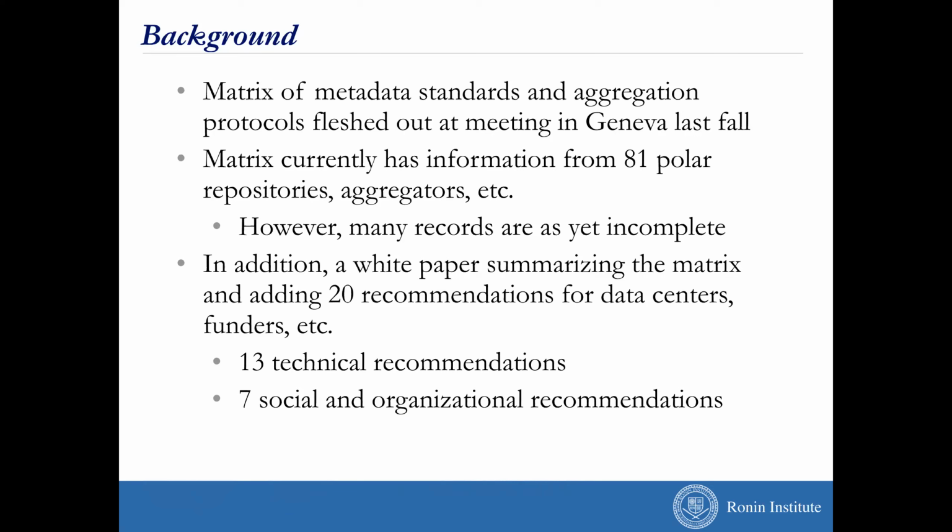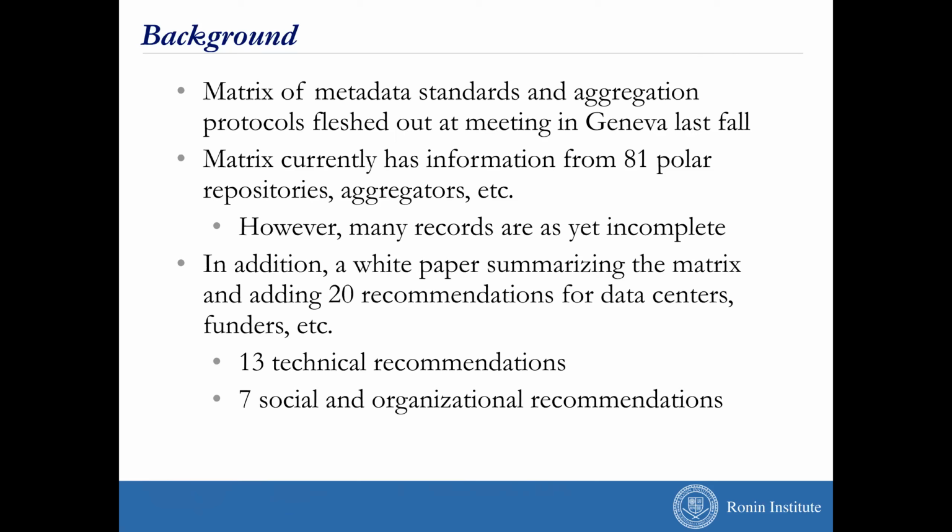We actually hope to have it out for publication already. We're a little bit behind. In addition to the matrix results, there were about 20 recommendations for data centers and funders and basically the ecosystem. 13 of them were technical, 7 were social or organizational recommendations about things like sustainability and how one does these sorts of interoperability efforts.